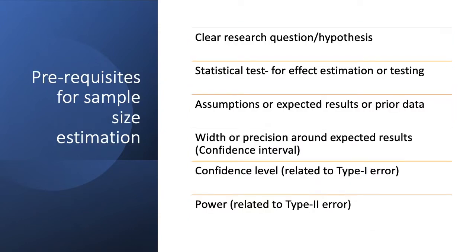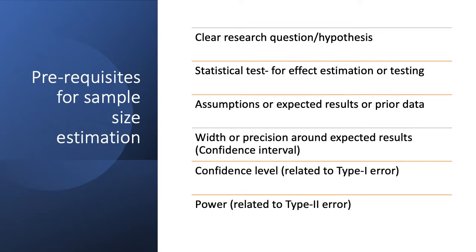So, what are the prerequisites for calculation of sample size? A clearly defined research question and hypothesis are necessary for designing any study. Once we have them, we can plan for analysis. Analysis may involve estimation of diagnostic performance parameters like sensitivity and specificity, or it may involve testing of difference in a biomarker by using an appropriate statistical test.